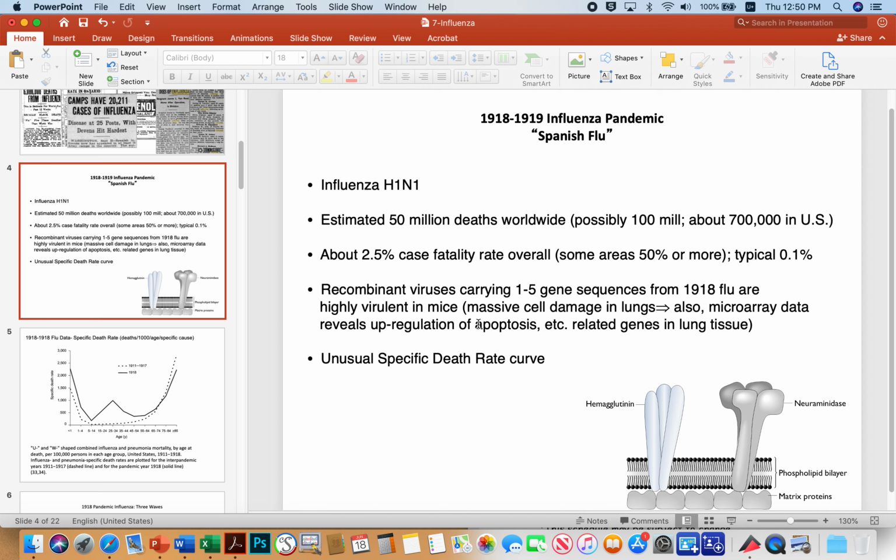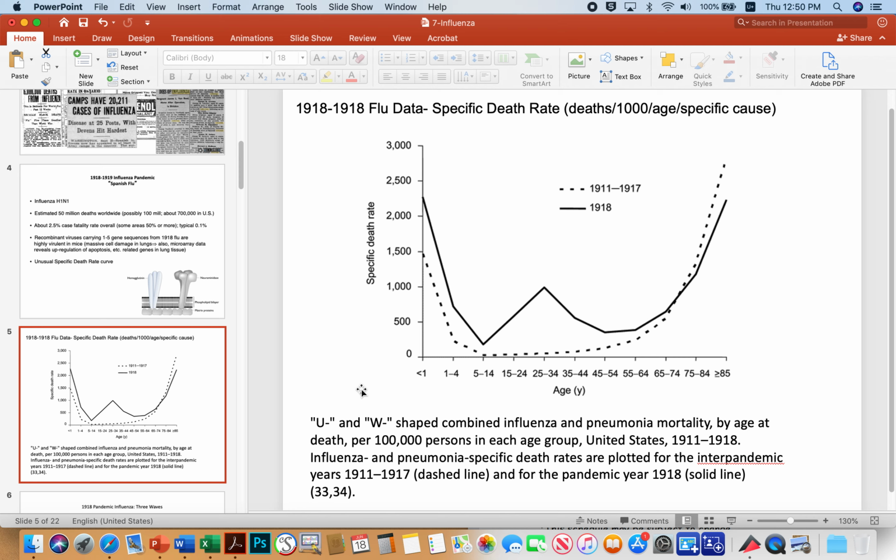So this is an interesting aspect of it, that the virus was unusually virulent and capable of causing massive cell damage. It had a very unusual specific death rate curve as well, and that's pictured here. Typical death rates look sort of like this, a U-shaped curve. This is specific death rate, and this is age range.